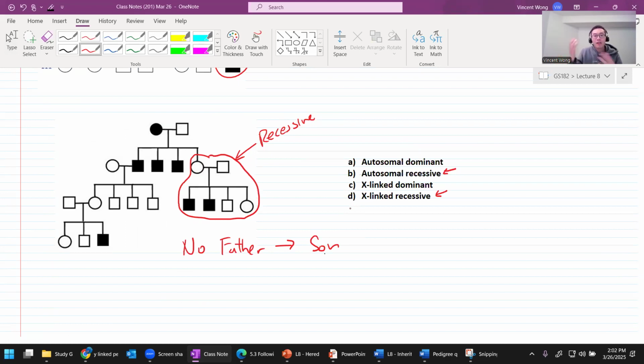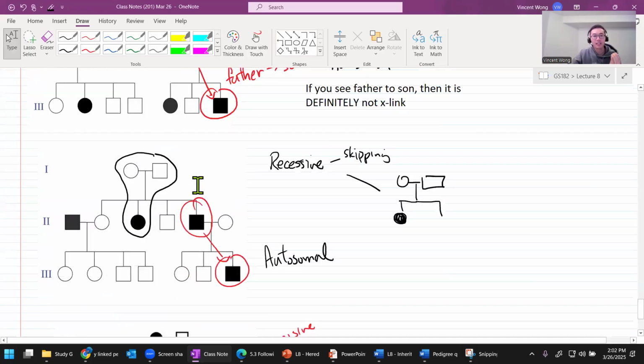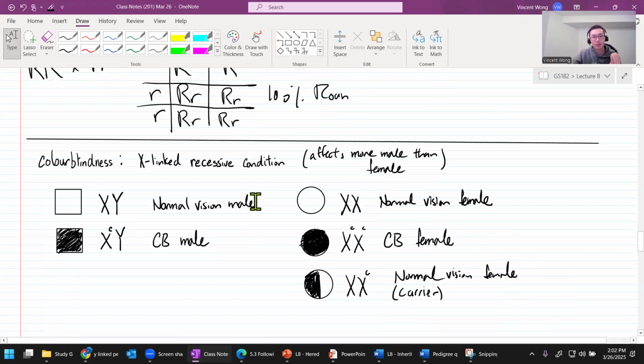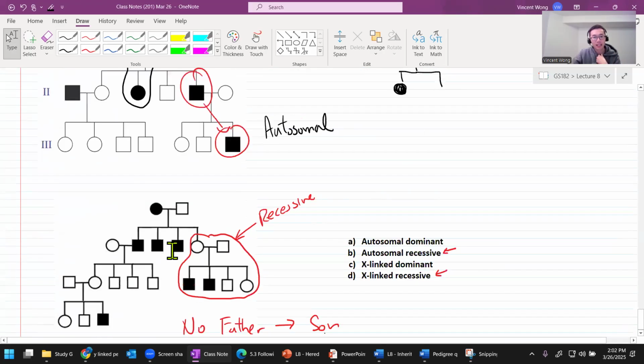So finally, how do we know if it's X-linked or autosomal? Remember, we know it's recessive already. If it's X-linked recessive, okay, backtrack. What did Vincent say? X-linked recessive affects more males than females. And if you look at this, it surely does look like a lot more males have it than females.